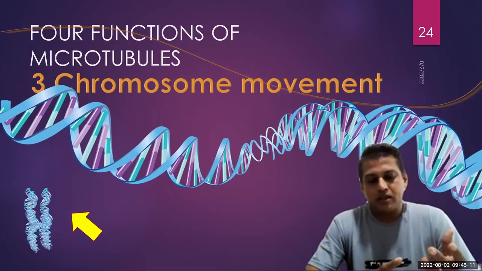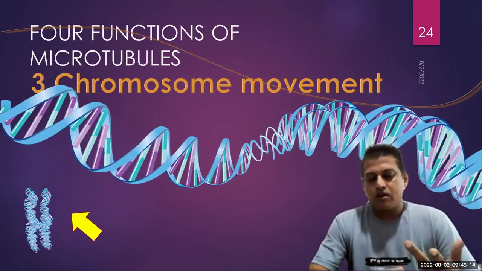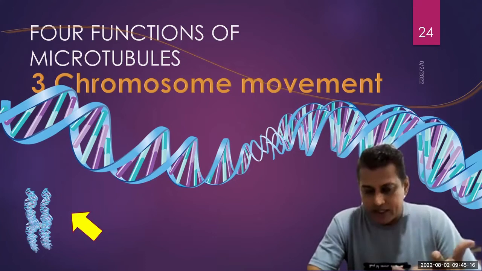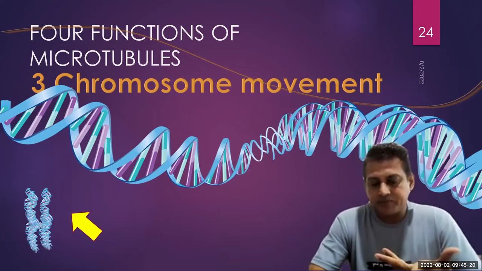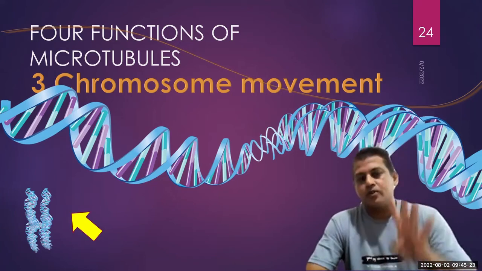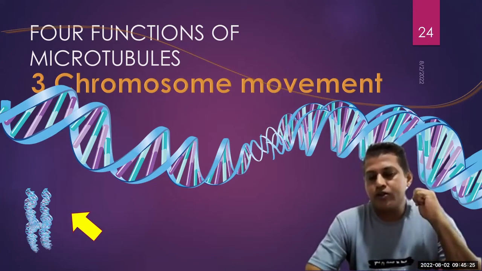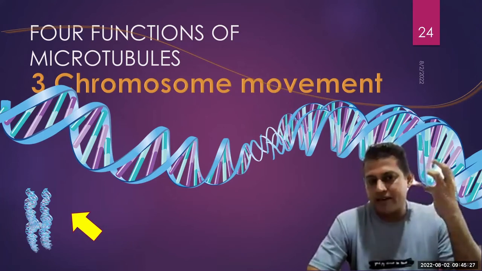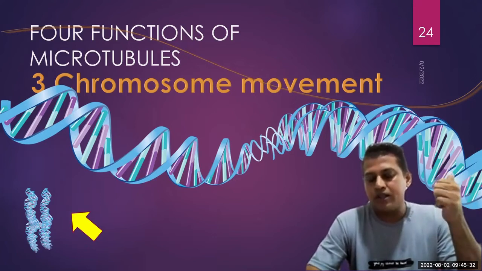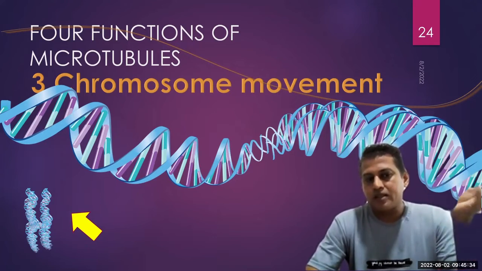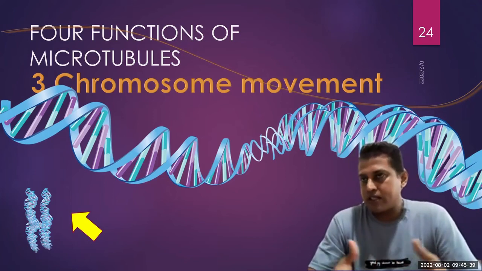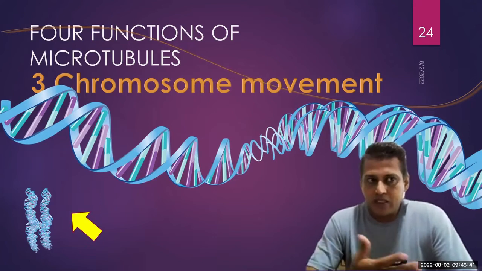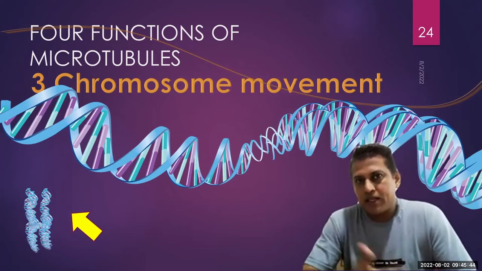Now you see DNA, chromatin, chromatid, chromosome, chromatid. So you should clearly remember these molecules and their names based on the situation. Situation means when the cell is at rest, working as normal, when we see the picture, it is chromatin.